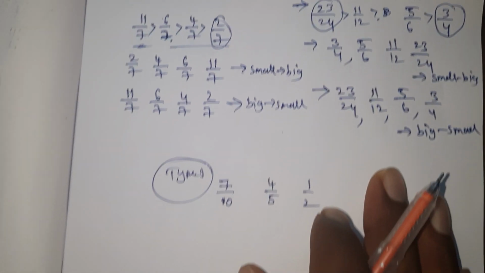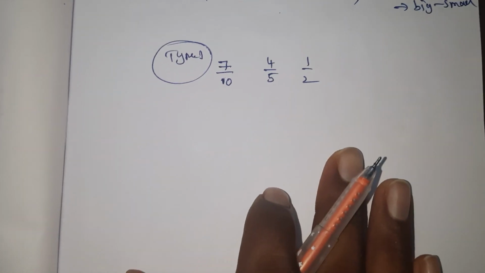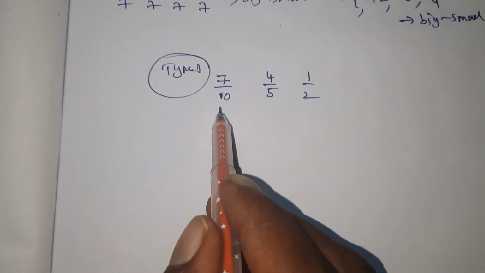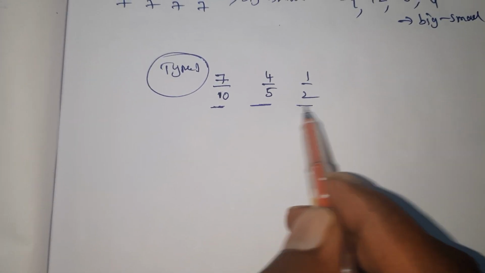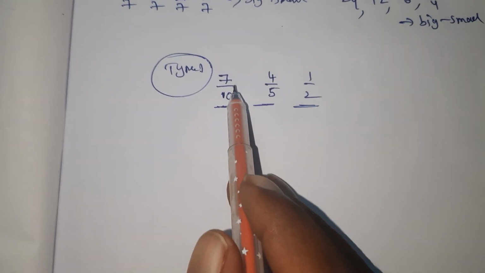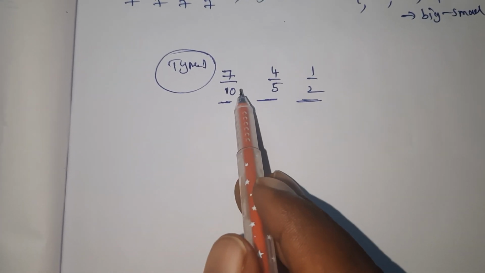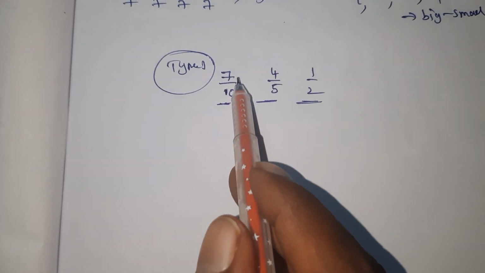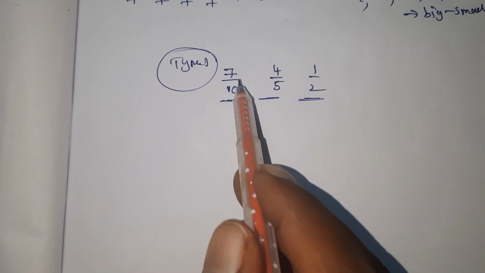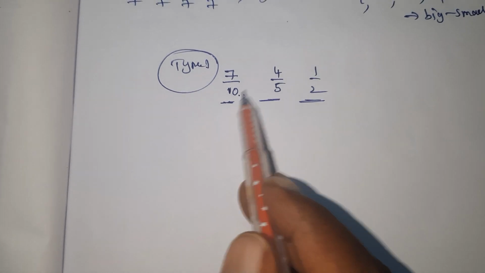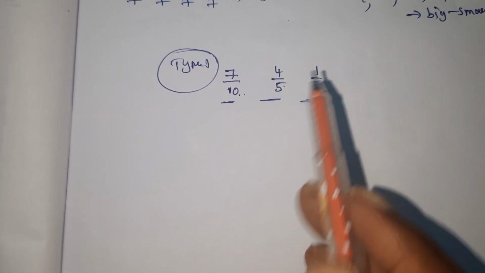So one more type is there. Now the third type, type 3. Okay, so 7 by 10, 4 by 5, 1 by 2. If you observe here, we already discussed the trick, but it is not applicable here, because if you observe 7 by 10, the difference is 3, while for 4 by 5 it is 1, and for 1 by 2 it is 1.